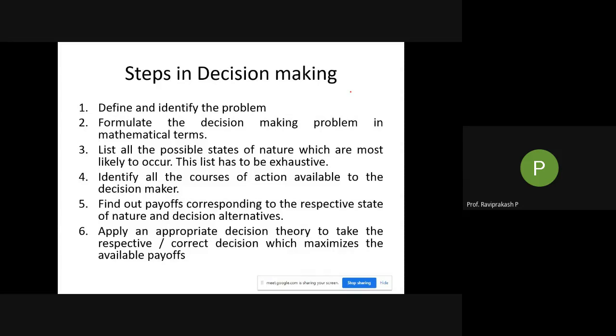So now what do we need to do? We need to list all the possible states of nature which are most likely to occur, and this has to be exhaustive. For you to come from your state of residence to the college, what are these states of nature? I gave you the example of the weather: whether it is rainy, sunny, or cold.